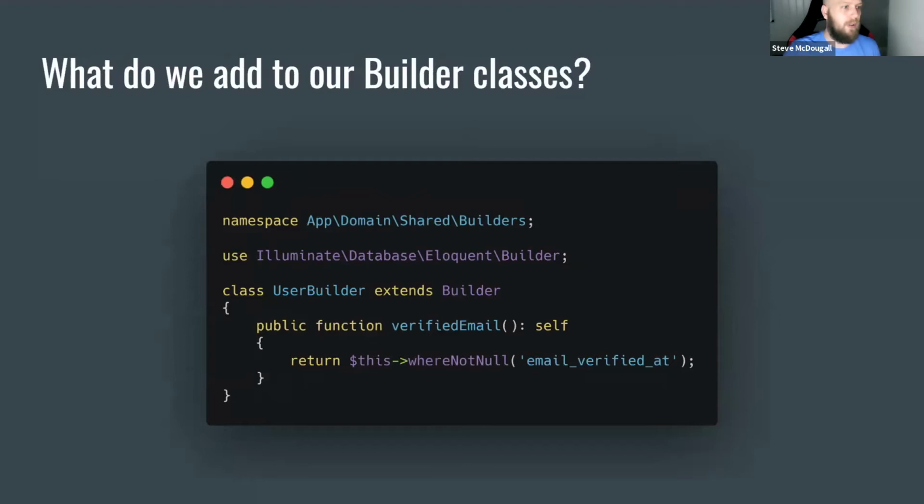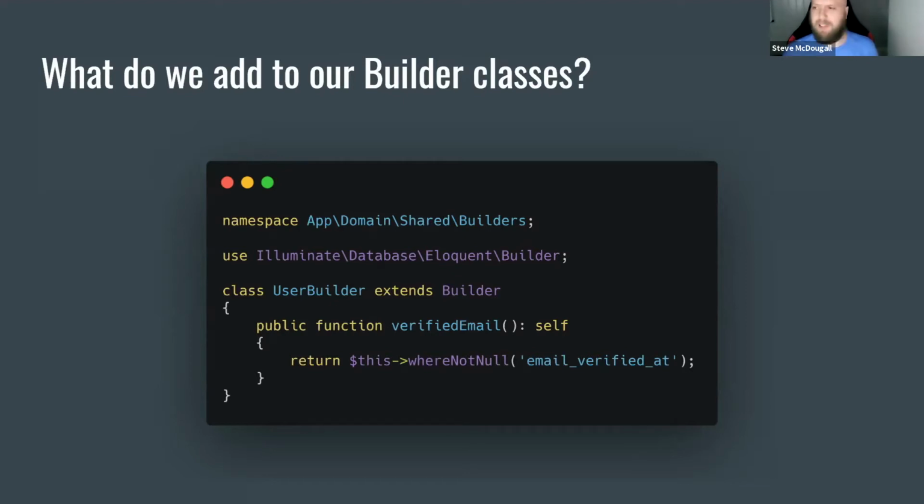So here's an example of our builder class. In Laravel 7+, there was the email verified at aspect to your user model. So that's where you can enforce the verification of an email address for anybody who registers.